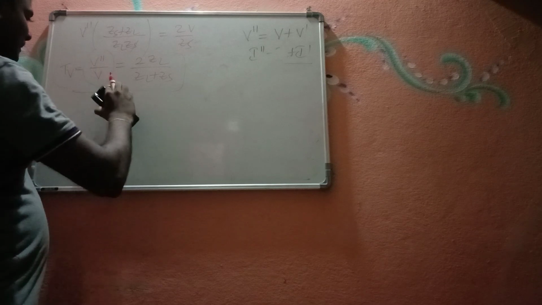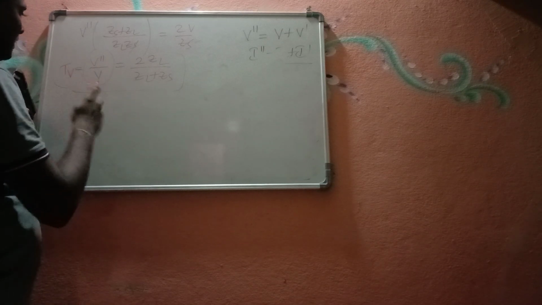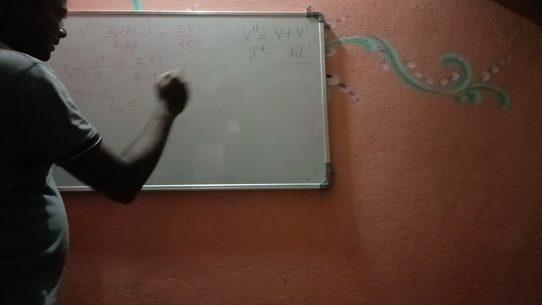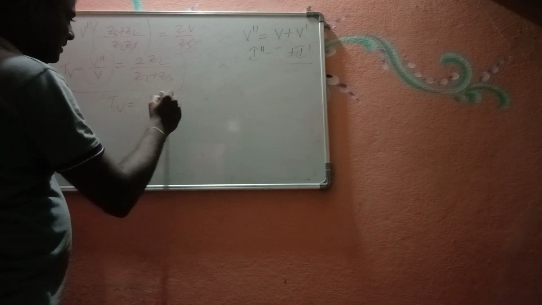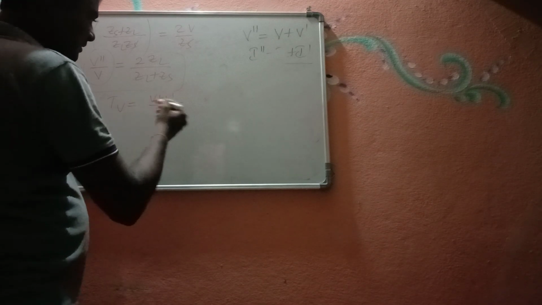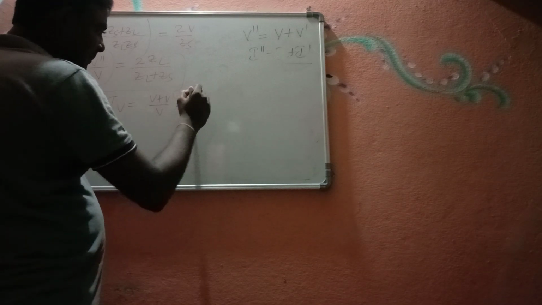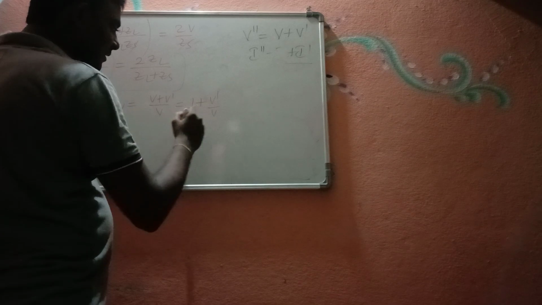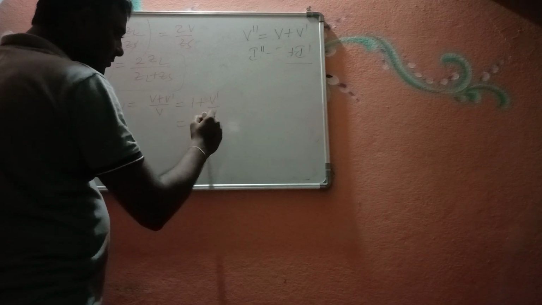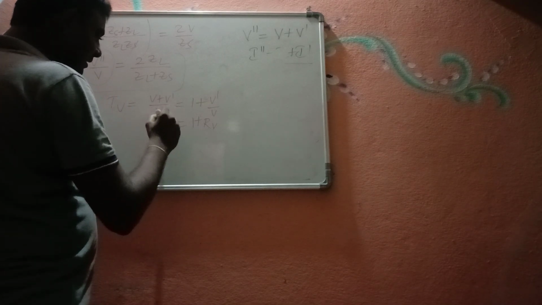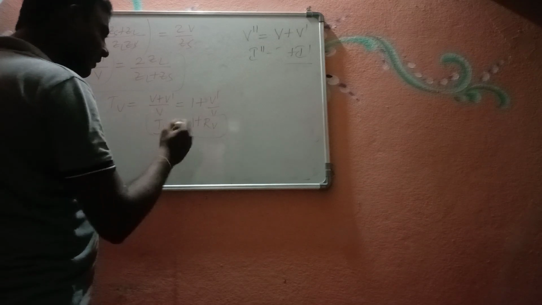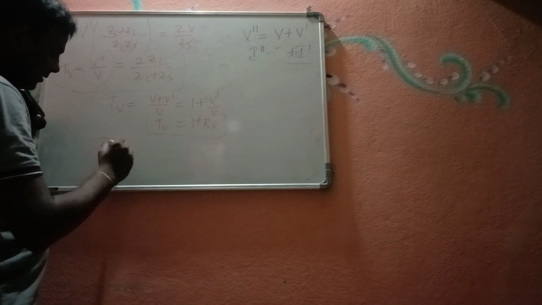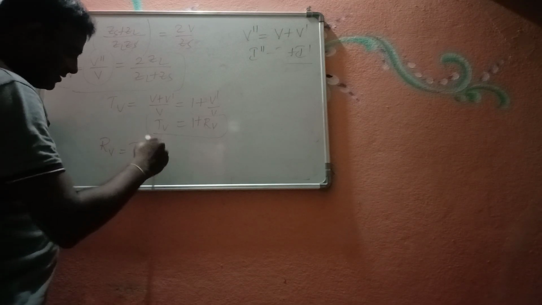Actually I can write V plus V dash by V, so that V by V plus means 1 plus V dash by V. V dash by V is RV, so TV is nothing but 1 plus RV. So from this I can find RV value, which is nothing but TV minus 1.